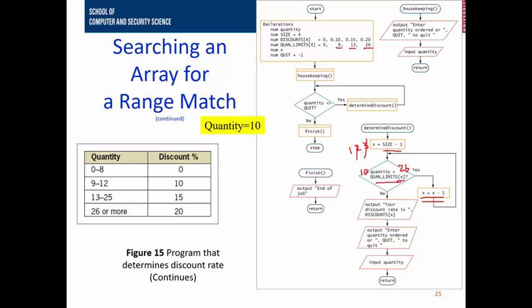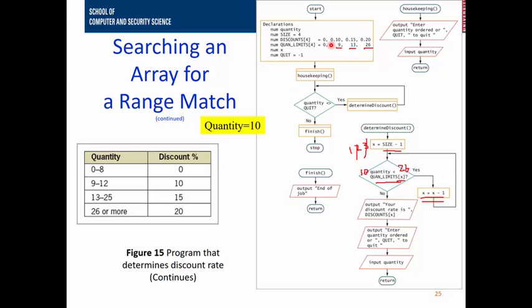Now the loop will break. So in short, we are traversing the array in reverse fashion, and while traversing we compare the quantity purchased by the user with these values, which are the maximum range over here. When the loop breaks, we know the number of items the user purchased is in the previous category, which is between 9 and 13, and a 10% discount will apply.